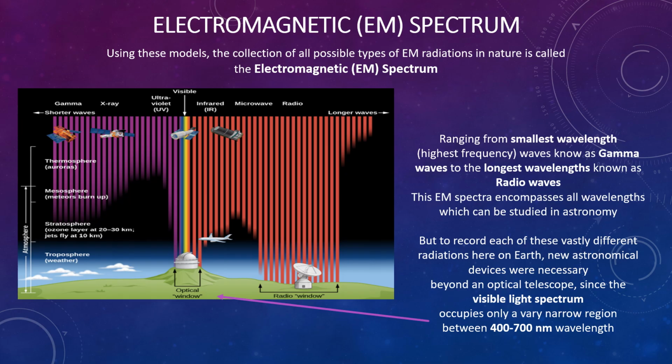We had to design them differently than we do optical telescopes because light outside of the optical wavelength is focused differently and has to be recorded differently when we are working outside the visible spectrum. And the visible spectrum occupies a very narrow region of the electromagnetic spectrum. The visible spectrum corresponds to only 400 to 700 nanometer wavelength light.